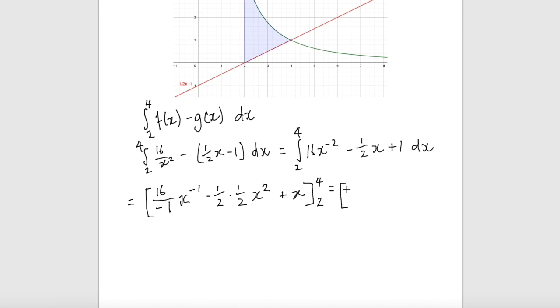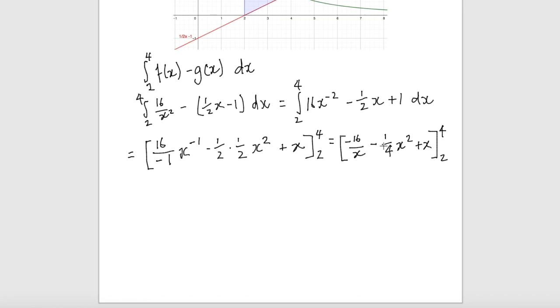If we write that a bit more simply, squeeze it in, that will just be negative 16 on x, because x to the power of negative 1 means it can go into the denominator, minus a quarter x squared plus x, 2 to 4.